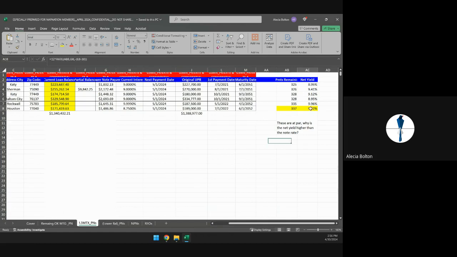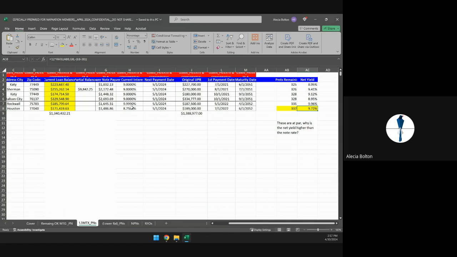And here, for this bottom row, you can see that even with the servicing fee discounted, my net yield is higher than the note rate. When stuff like this happens, this isn't partial specific. This is more generic scraping the tape and analyzing notes. I know that something is a little wonky with the numbers.